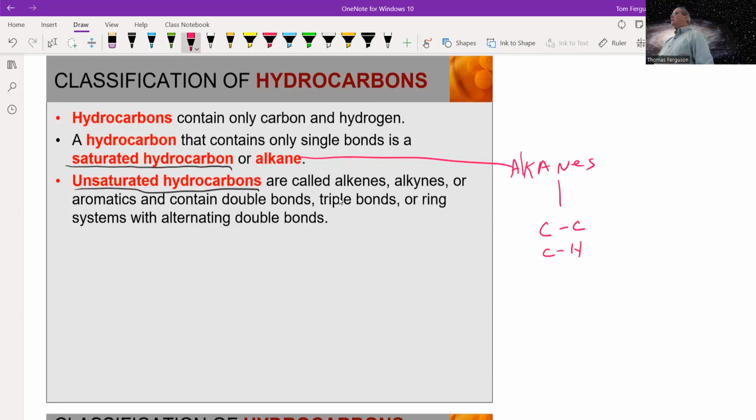Alkanes only have single carbon bonds. Those are called saturated hydrocarbons. When you hear the word saturated, that has to do with hydrogens. There are no more hydrogens you can bond to that molecule if it's saturated. If it's unsaturated, you've all heard about polyunsaturated oils.